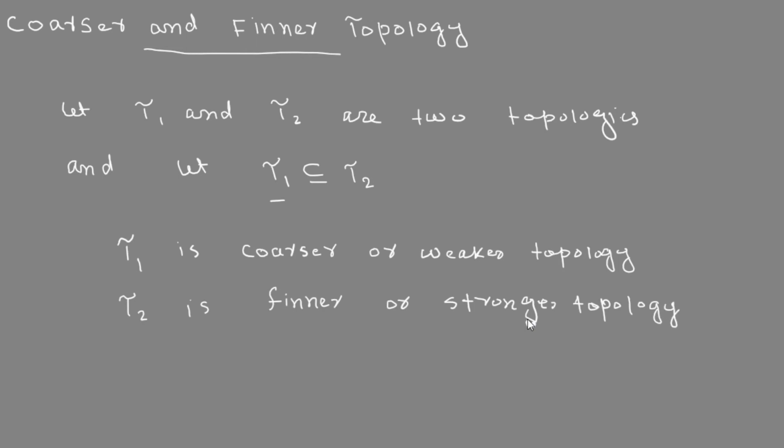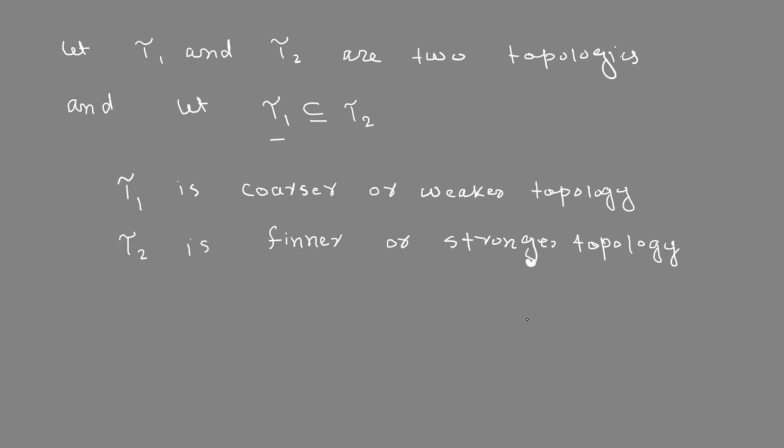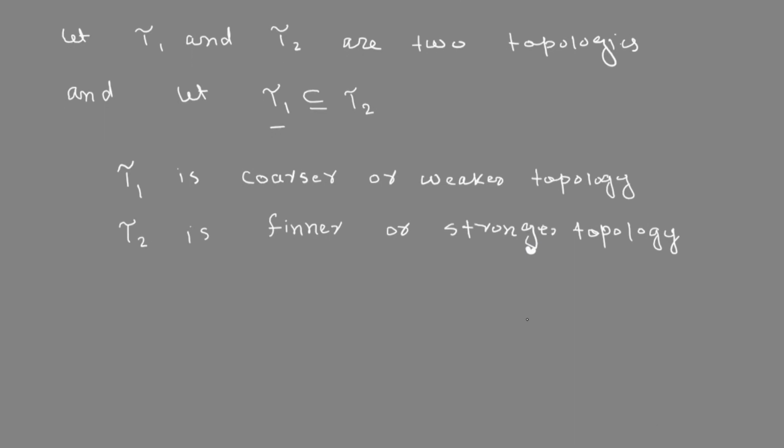Okay, hope you have understood these two definitions: first of all, what is discrete topology, and what are coarser and finer topology. Now we do some examples related to coarser and finer and discrete topology.